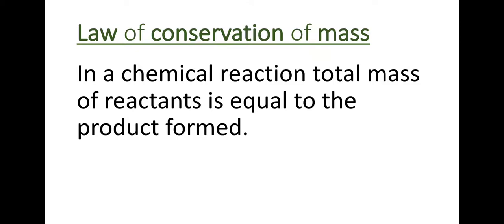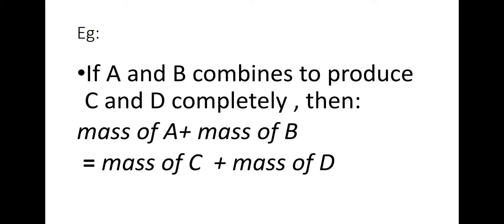You may have heard of it, the law of conservation of mass. Suppose A and B are 2 substances and you allow them to react. So A and B shall be called reactants. Now if they combine or react to produce C and D, this C and D shall be called products.